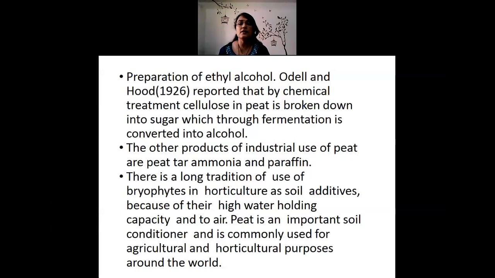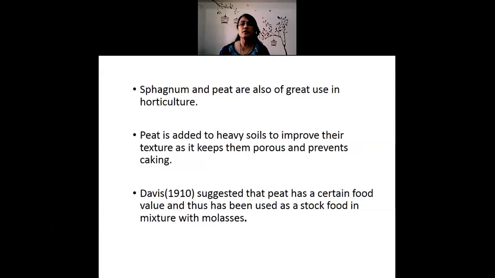That is why it is an important soil conditioner, commonly used in agriculture and horticulture all over the world. It is also of great use in horticulture as it keeps the soil texture porous with aeration and prevents caking of the soil, and hence there is proper aeration, water circulation and water holding capacity in peat along with soil.